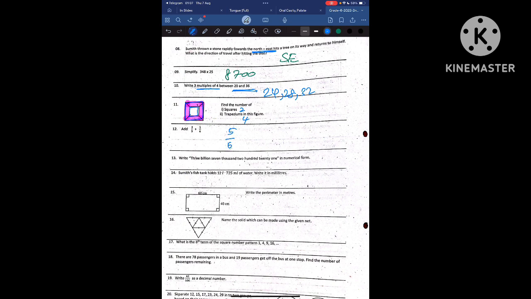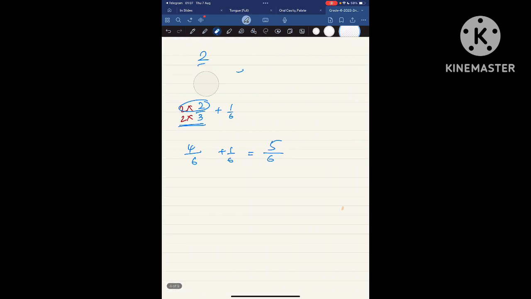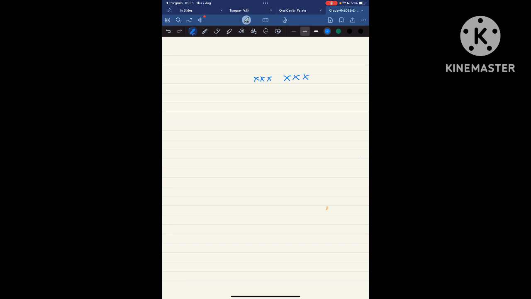Okay. Next one, write 3,007,221 in numerical form. Now, before that, I have to revise the zones. If I have a number like that, you have to first divide the number into groups of three.